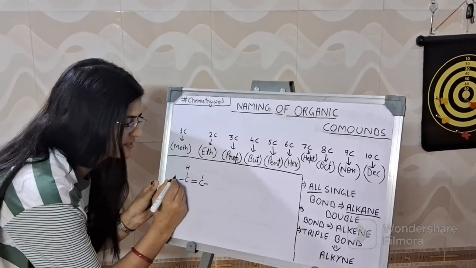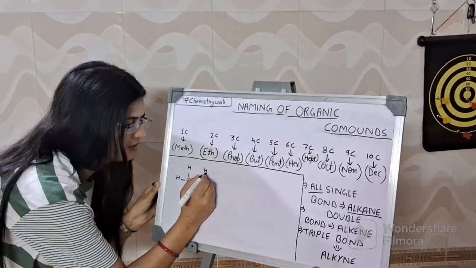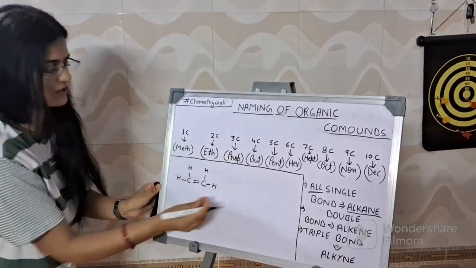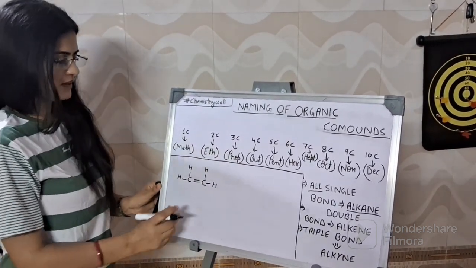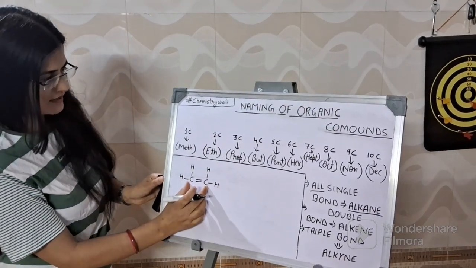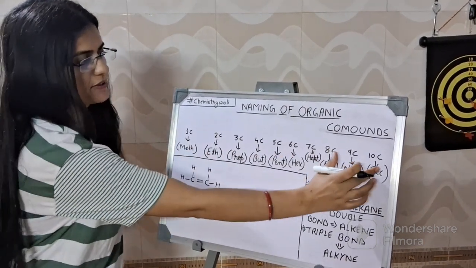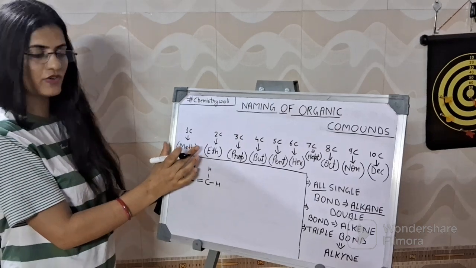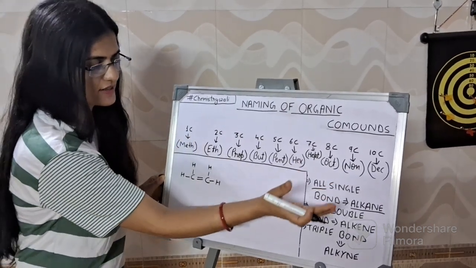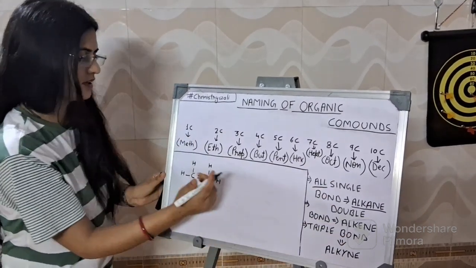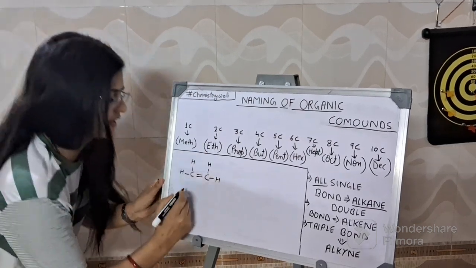So, these valencies we will complete with the help of hydrogen. Now, this is the compound. The naming based on the number of carbons will be the same for each condition, whether it is a single bond, double bond or triple bond. So 2 carbons means eth.